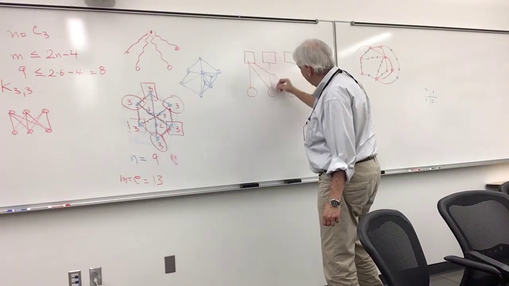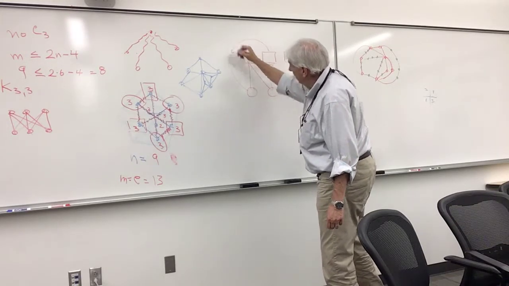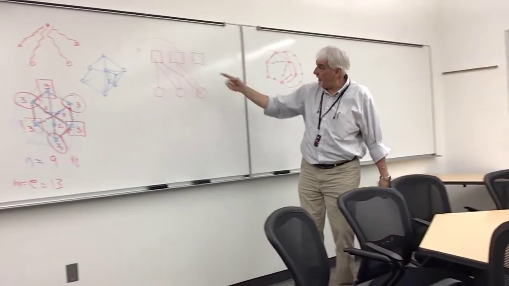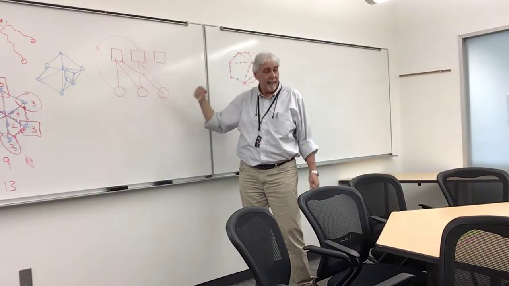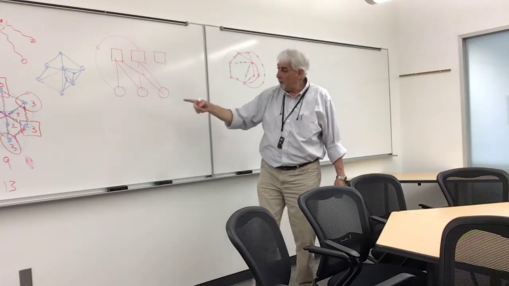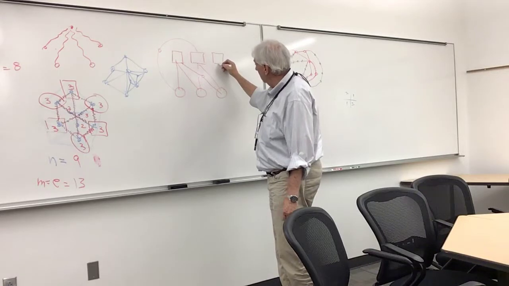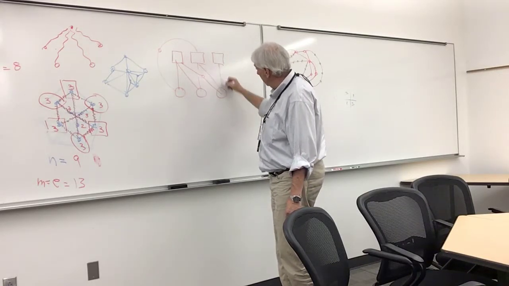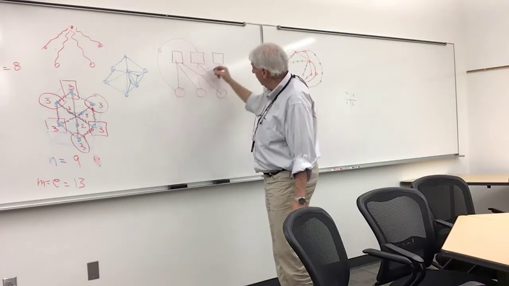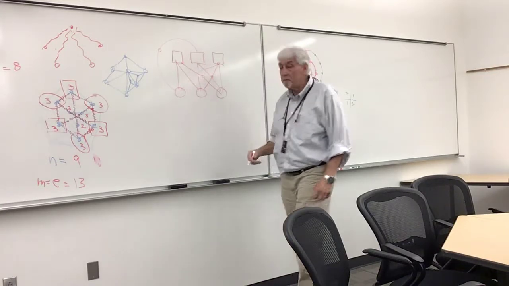I know this graph is not planar, so I can't draw it without crossing edges. So here's an edge that crosses. But here is, again, a subdivided K33. So this one goes to here and here, this one goes to here, and then there's a path from here.